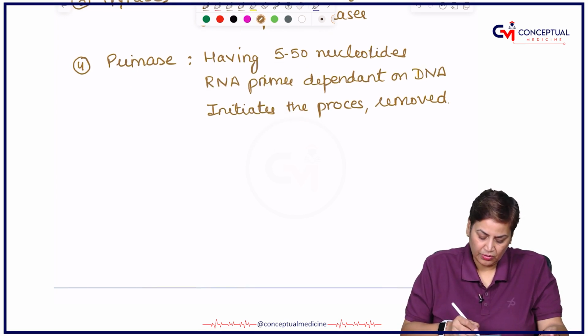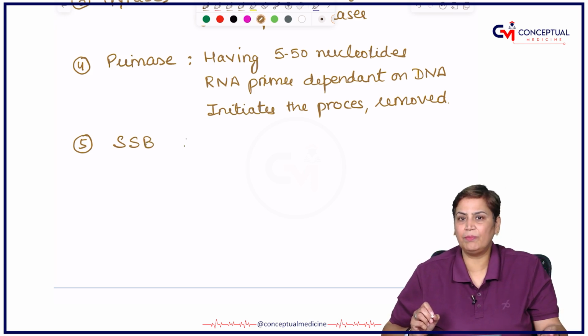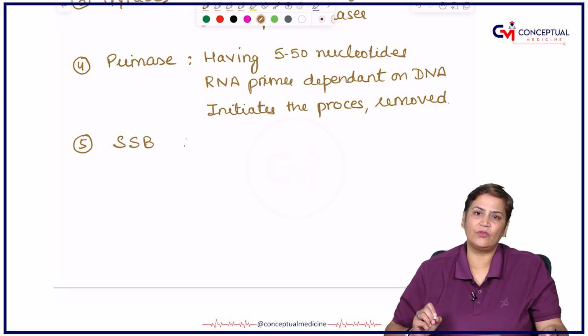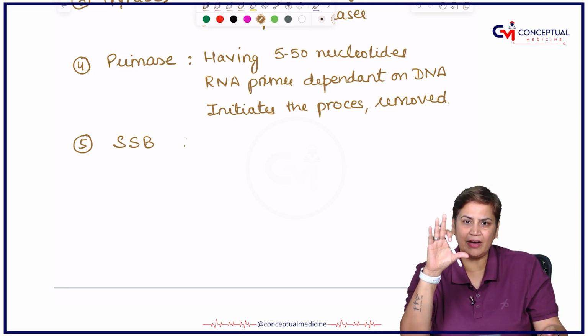Then we come over to the next one, which is known as SSB, which stands for single strand binding proteins, which always stabilizes the single strand of DNA, because DNA is going to unwind like this and it is going to form a replication fork.